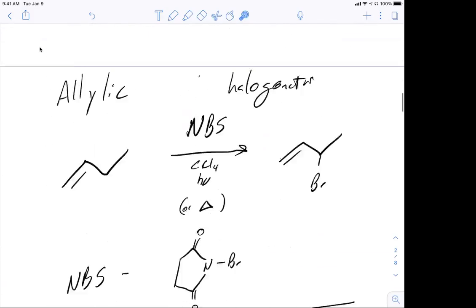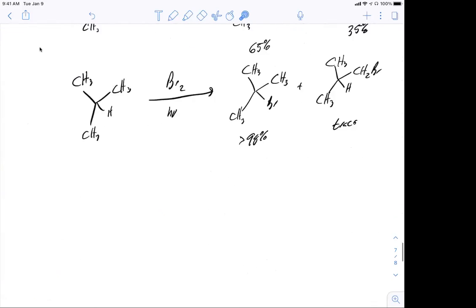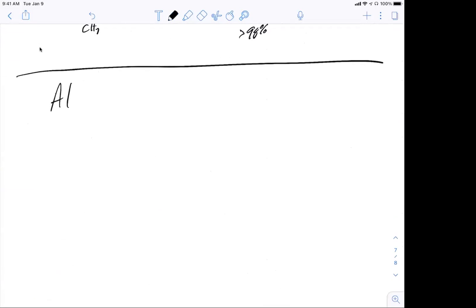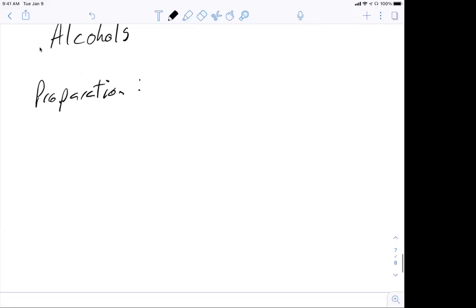The first thing to do is look at preparation of alcohols, and we already know some of those. The ones we know have to do with our alkene reactions.